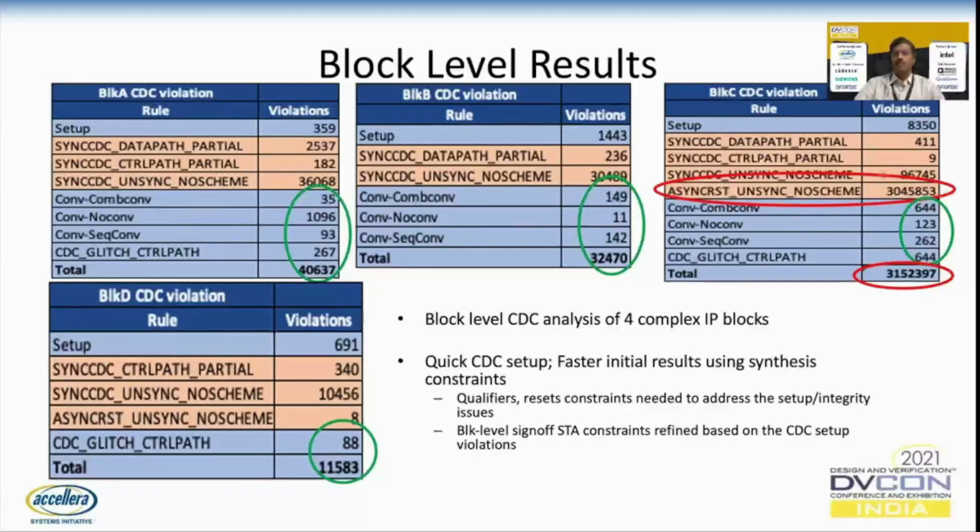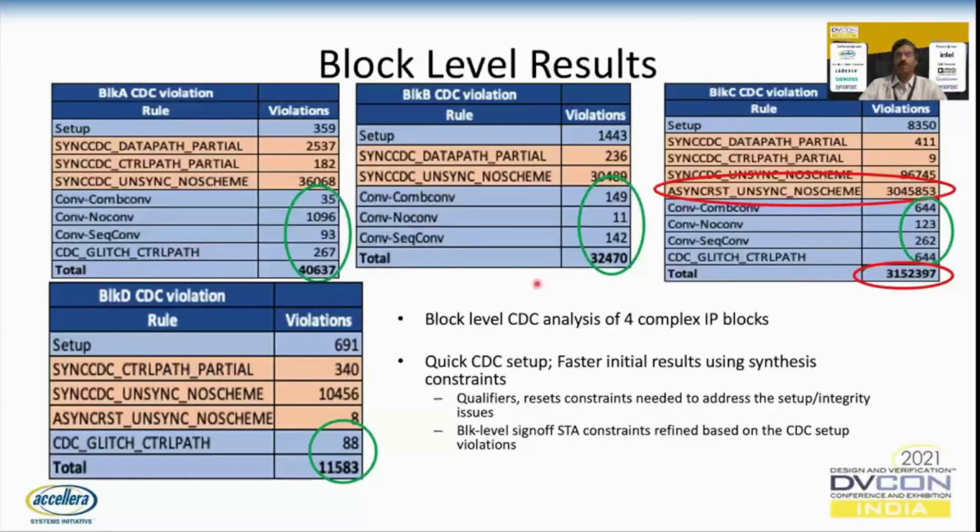The block C here, as you can see, had large number of unsync async reset violations. These were unsynchronized resets inside the design for which the RTL updates were required. And with these updates, these violations were addressed. There were glitch violations, as you can see here, which were on the third-party IP asynchronous bridges, where the signal were held using handshake mechanism.